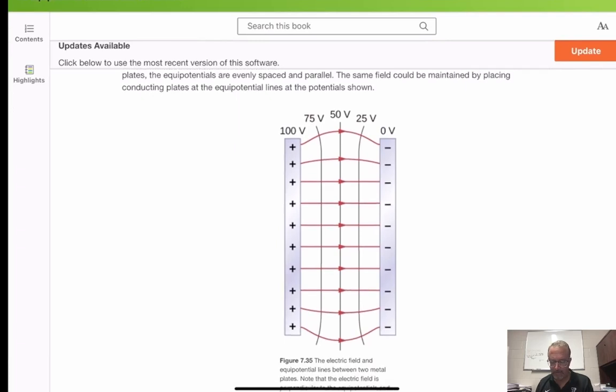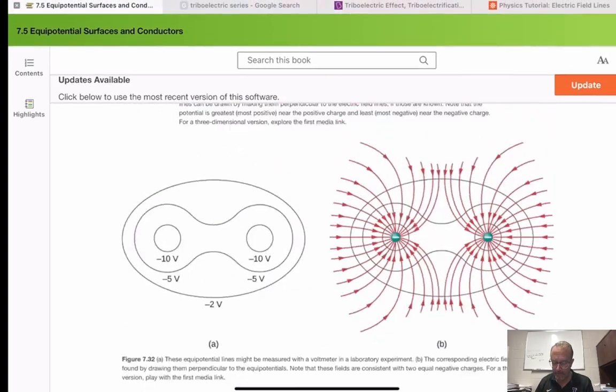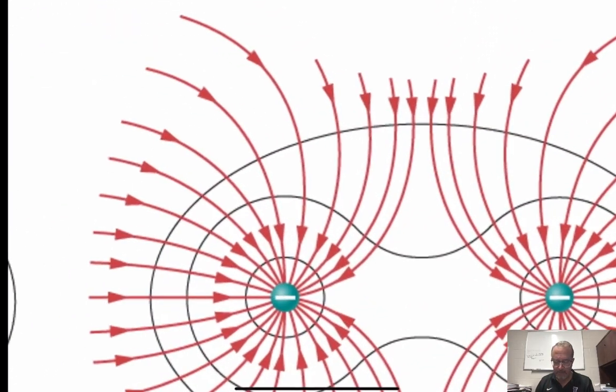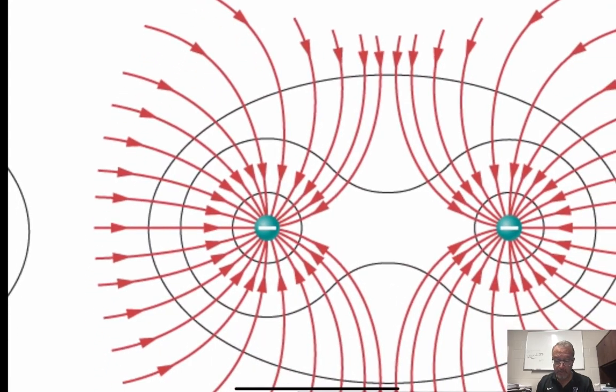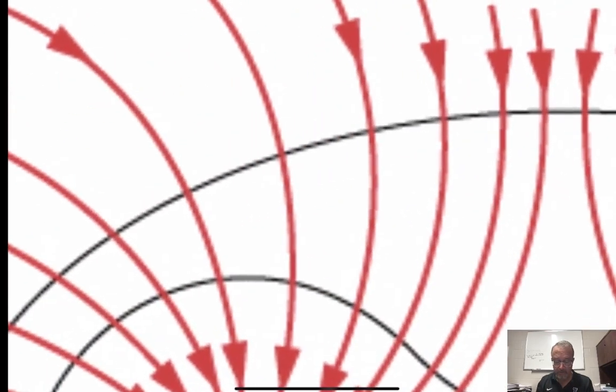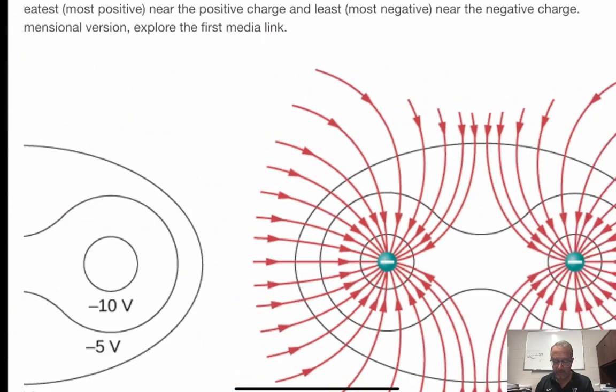Parallel plate capacitor. You see the electric field lines, and notice that inside the parallel plate capacitor, the lines of equipotential are straight lines. They're perpendicular to the electric field lines. By the way, equipotential lines are always perpendicular to the electric field lines. Even up here, you see that. Every time you see an equipotential line, it's perpendicular to an electric field line.